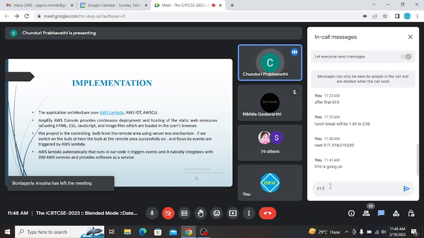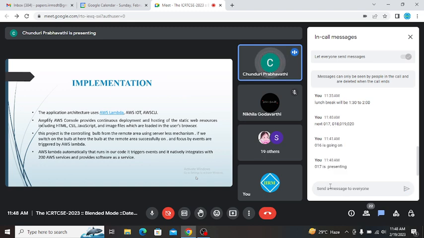This technology enables automatic scaling, built-in high availability, a pay-for-use billing model, and increased agility. We can also eliminate backend infrastructure capacity provisioning. All of this can be managed using AWS Lambda. AWS Lambda runs our code and responds to changes in events, so it is an event-driven service.